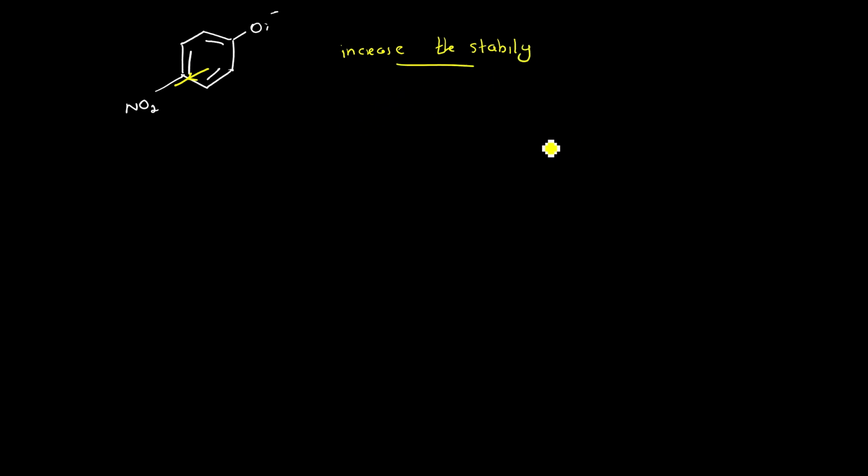So in any case, here you have the phenol. If you add the electron withdrawing group to any place, here this is E, an electron withdrawing group.